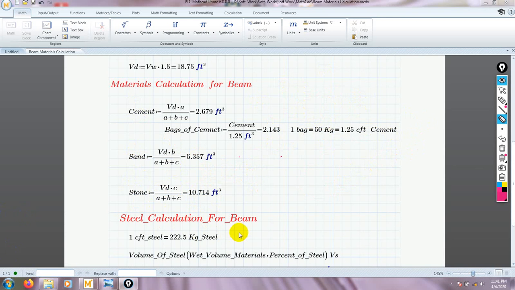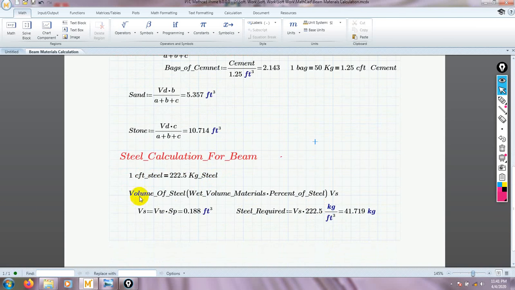If we go down here, we have to know that the weight of 1 CFT of steel, if we convert it to weight, is 222.5 kg of steel.